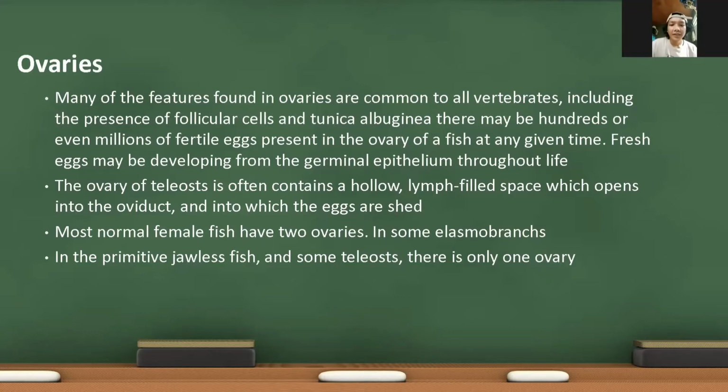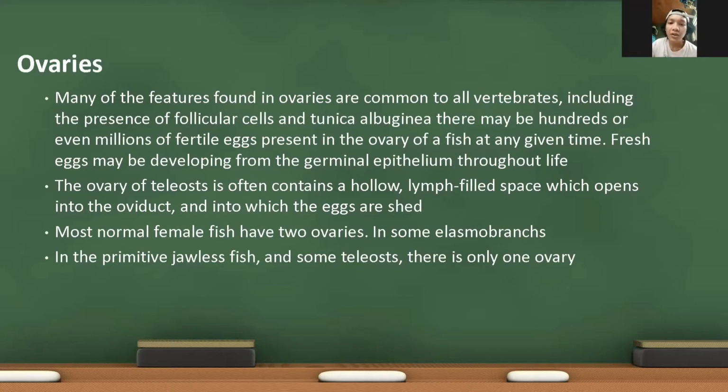Fresh eggs may be developing from the germinal epithelium throughout life. The ovary of teleosts often contains a hollow lymph-filled space which opens into the oviduct and into which the eggs are shed.